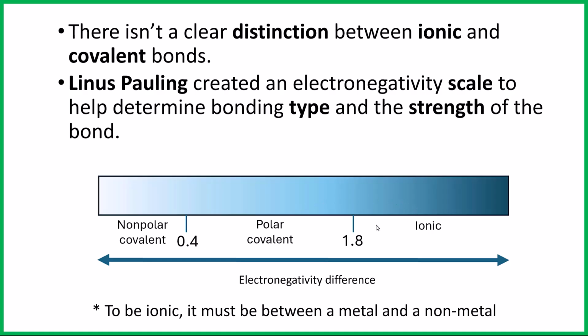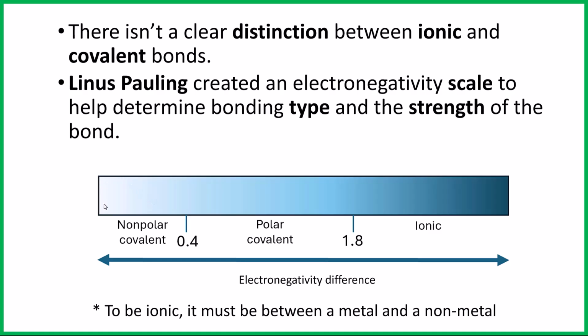And ionic bonds are going to have a much larger electronegativity difference, but they have to be between a metal and a nonmetal. If we got any further down the scale here, the covalent bond would actually be nonpolar because the electronegativity values are not different enough to create that unequal tug of war of the electrons.